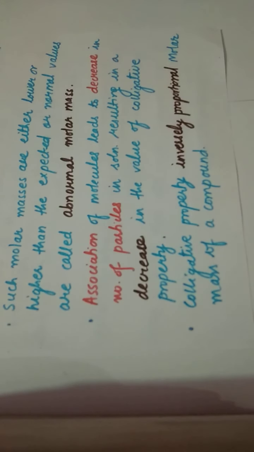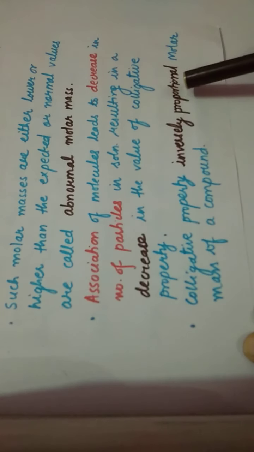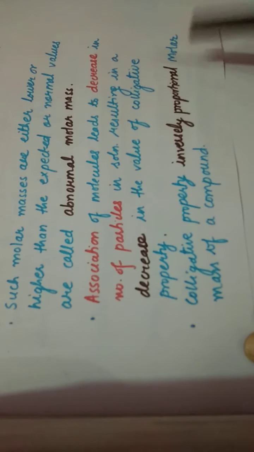And children, one more thing, very important. Colligative property is inversely proportional to molar mass. If the value of colligative property is large, then the molar mass of the compound will be very less. If the value of colligative property is very small, then the value of molar mass will be very large.